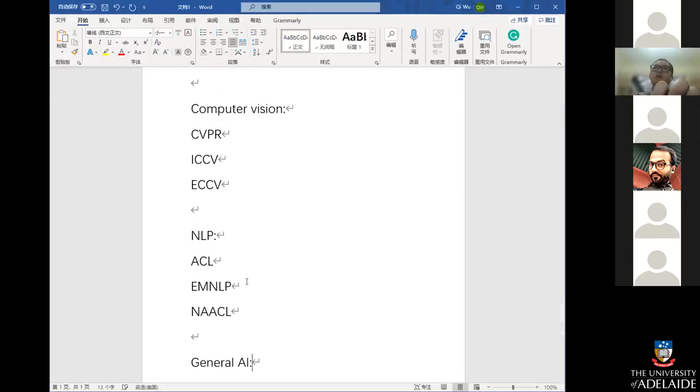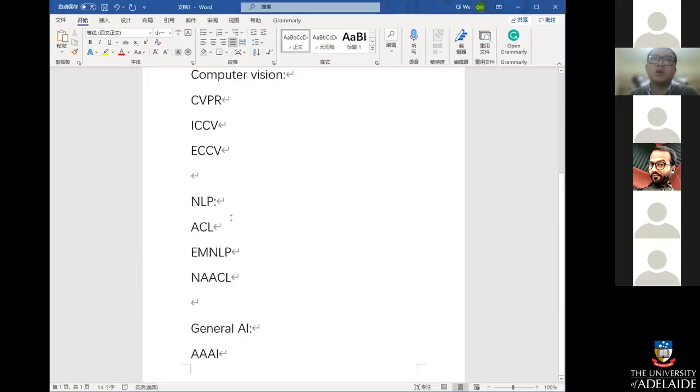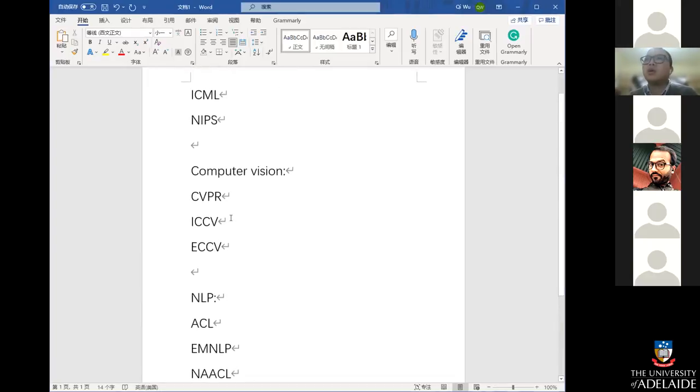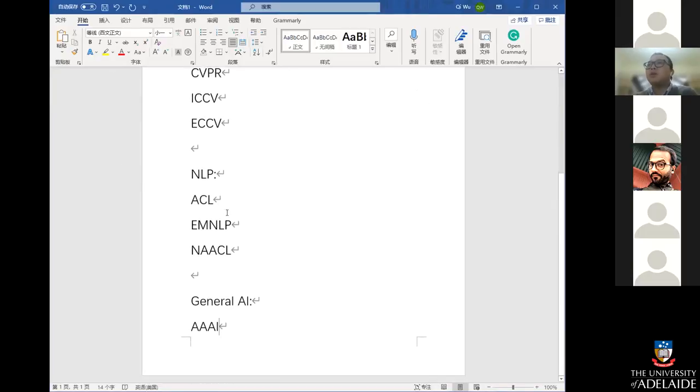General AI means general AI problems. You can go to Triple AI, which is one of the biggest AI conferences in the world. So one source where you can find the data sets, problems and questions is those top tier academic conferences.